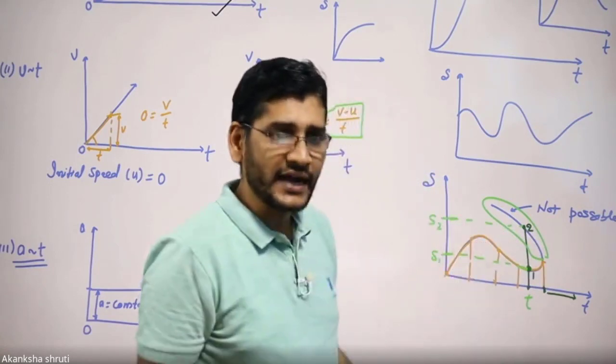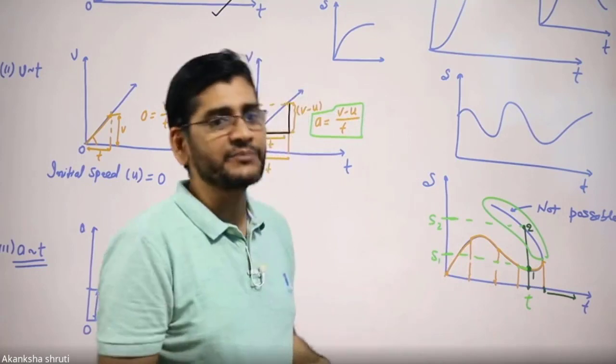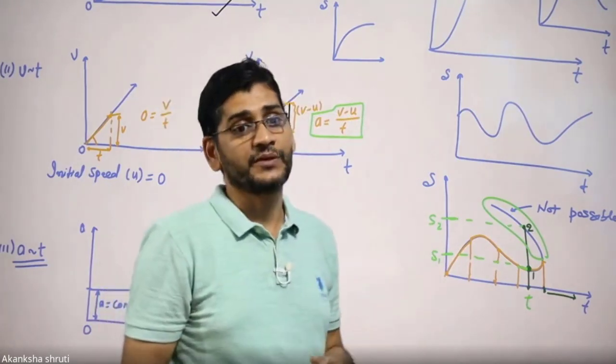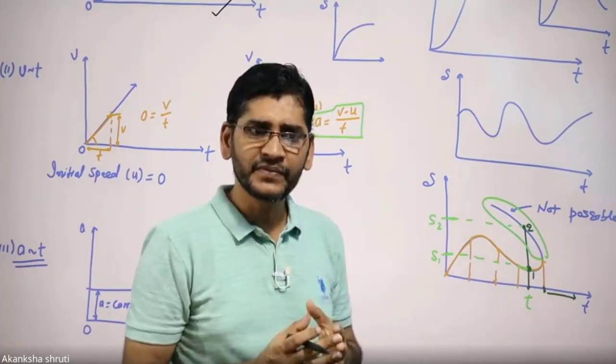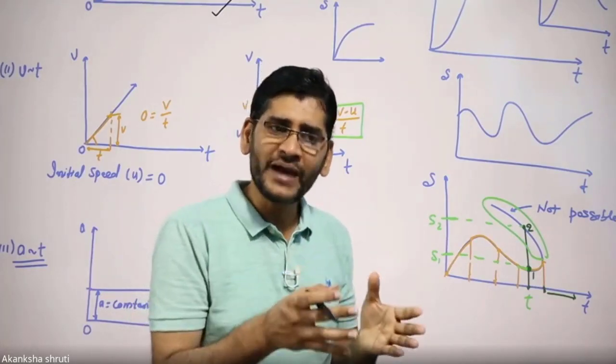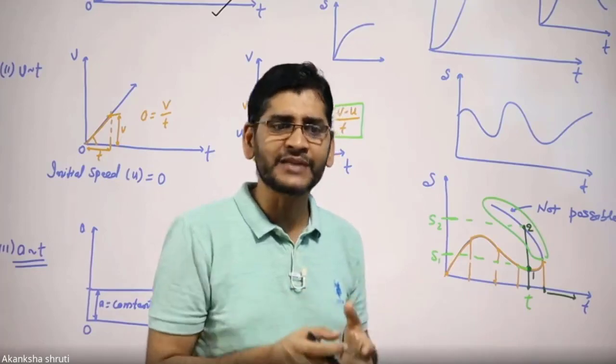It means you are saying that the object is 10 meters away from you as well as 20 meters away from you. Can you occupy two positions at the same time? Can you be at your home as well as in your playground at the same time?